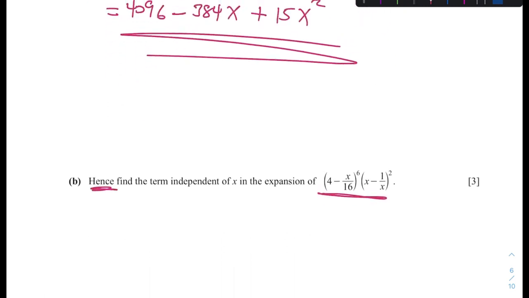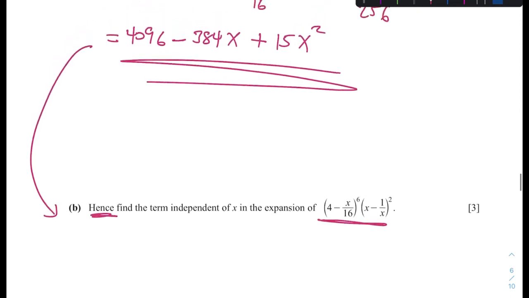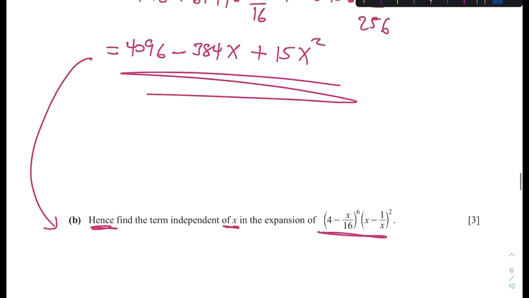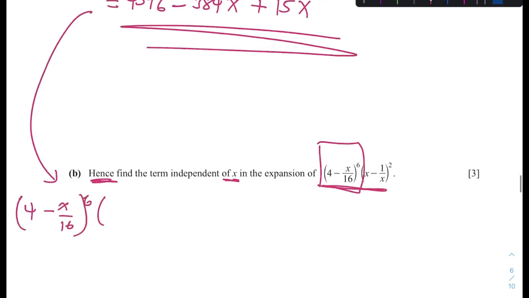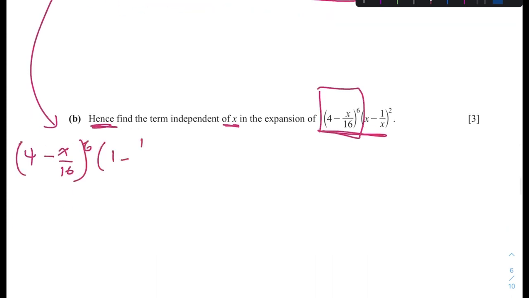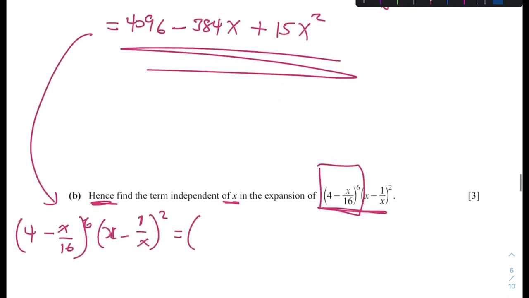Hence, that means that what we did here is useful there. Hence, we should expand this. Well, but we are looking for the term independent of what? x, right? Okay. So we have already expanded this one, and then we got this. So we can write this, 4 minus x over 16, to the 6th power, times (1 minus 1 over x squared)... Now, the first one is what we just expanded.